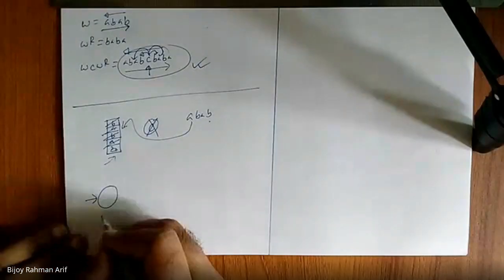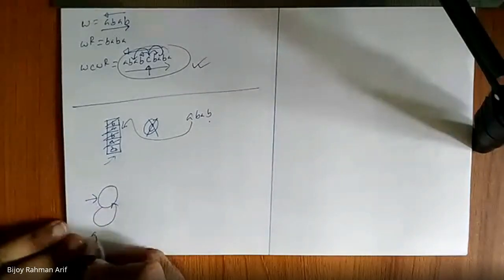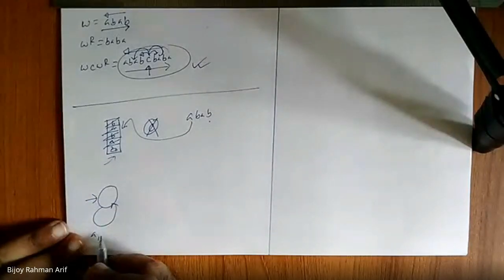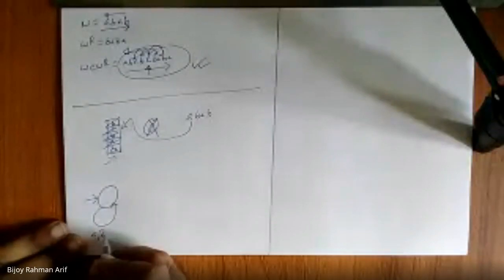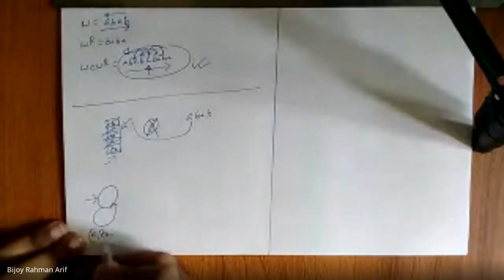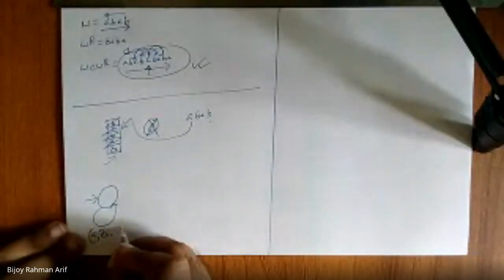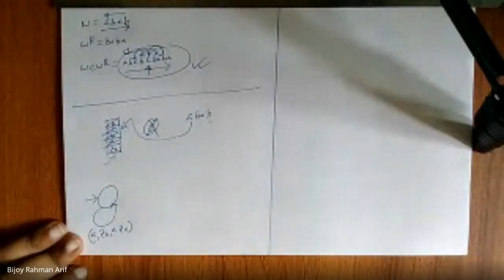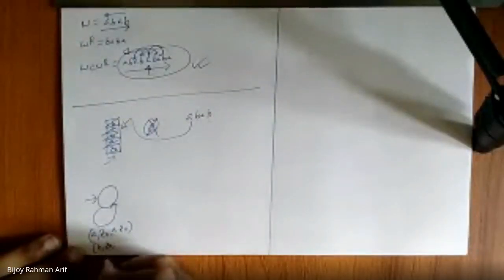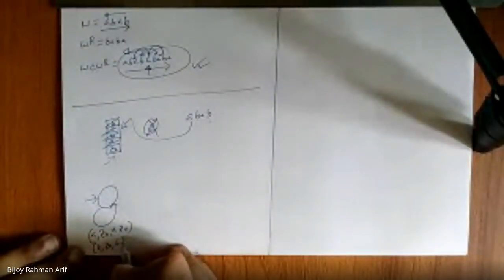A or B, whichever I get, anything. If I get A, and my top of the stack is Z0, what am I going to do? I'm going to push Z0 first, then push A. Am I right? Yes sir, same with B. Good. If I get a B, then again I'm going to do this.